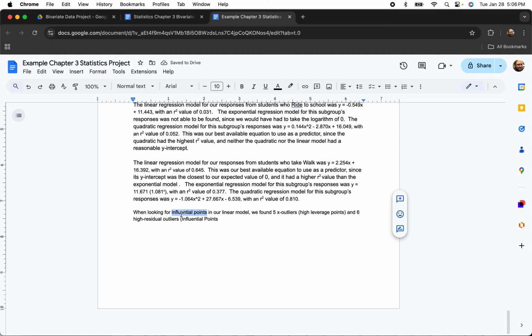So I suppose we were looking for outliers in our linear model. However, removing these points from the data set made the prediction model less effective.